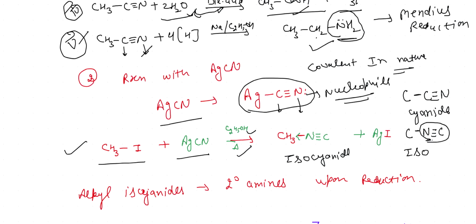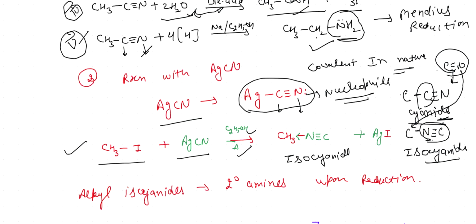So this is the difference between the nomenclature. When the bond is through the carbon of the cyanide group, then it is called cyanide. You can normally call it the cyano group. The CN group is only named as cyano group. When the carbon forms a bond with carbon, it is known as cyanide. When the nitrogen forms the bond with carbon, it is called isocyanide. So that's why I'm calling it cyanide here.